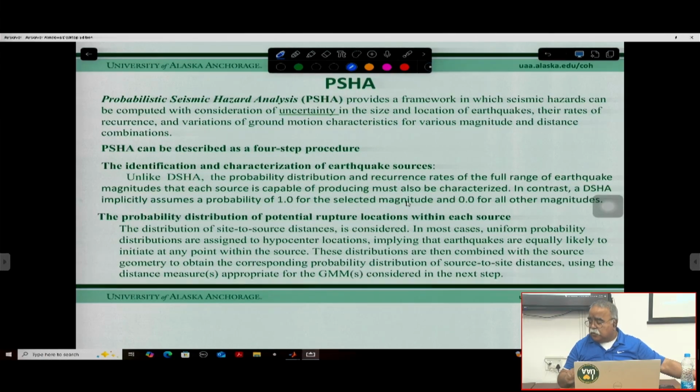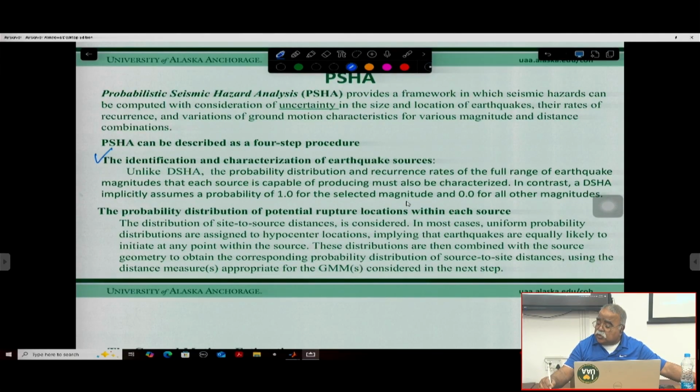So therefore, first part is definitely that identification or the characterization of earthquake sources. We need to first identify sources, and then we need to do the probability of potential rupture location within each source. So we have to find out probabilistically how the rupture sources are distributed within the source, right?